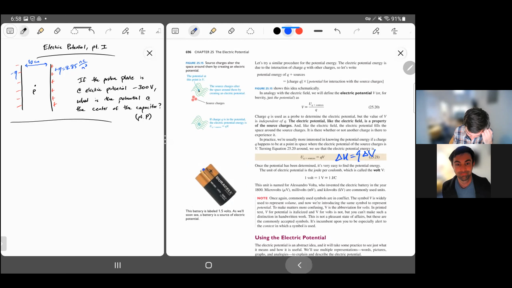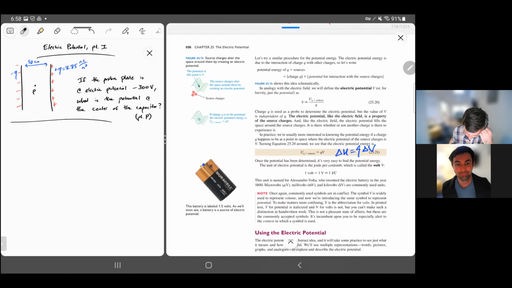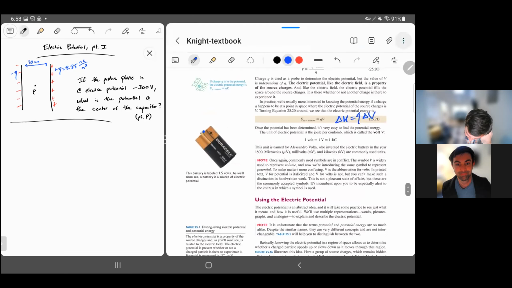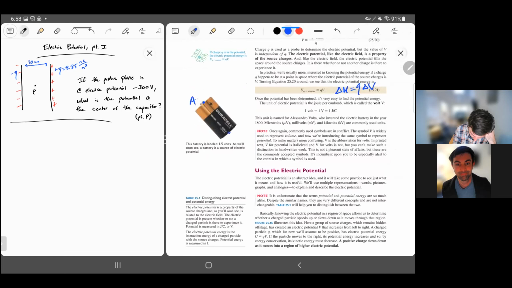If this is point A and this is point B, these two ends of the battery, then VA minus VB, or delta V here, is going to be plus 1.5 volts.